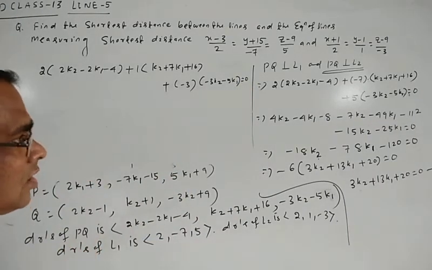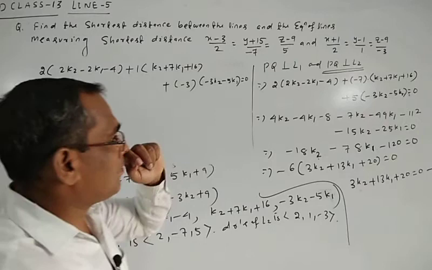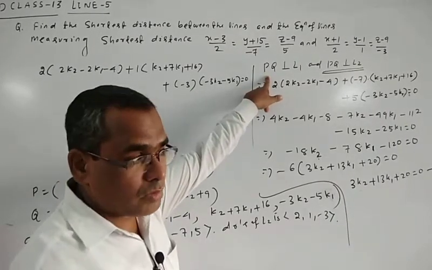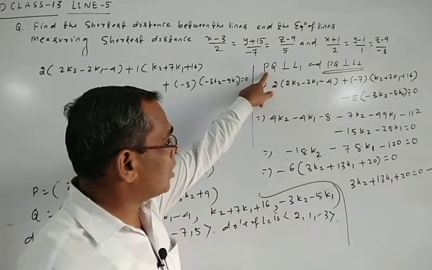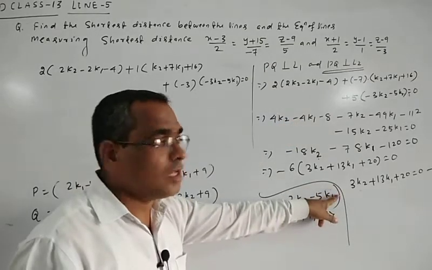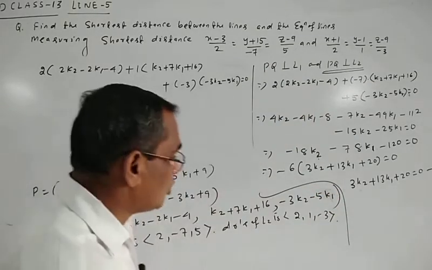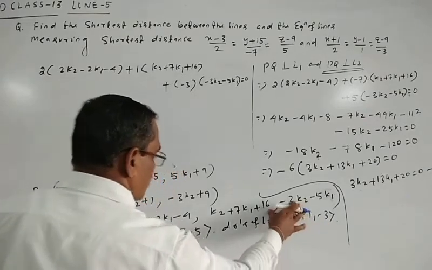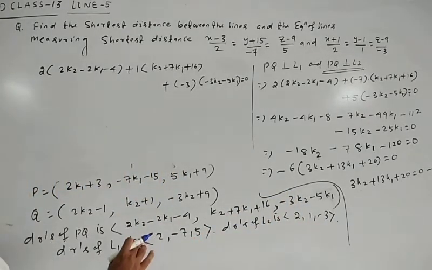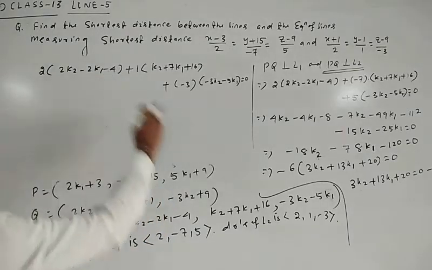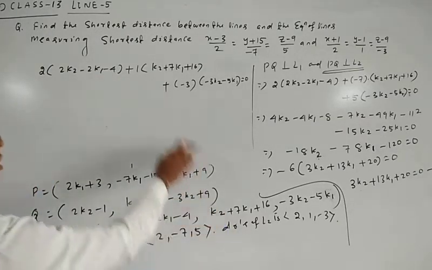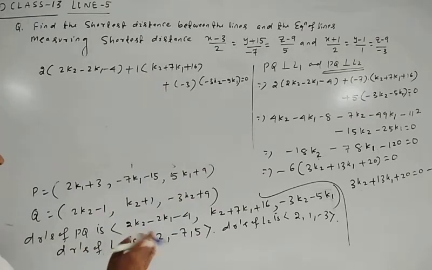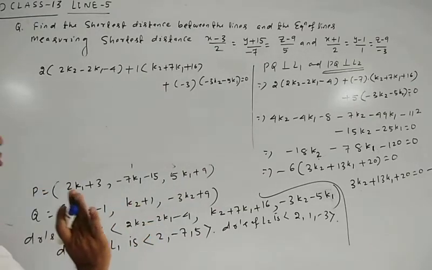Do you understand? Here we applied perpendicular condition: PQ perpendicular to L1, PQ perpendicular to L2. The direction ratio of L2 is 2, 1, minus 3, and the direction ratio of PQ is this one. So by perpendicular condition, 2 into this one plus 1 into K2 plus 7K1 plus 16 minus 3 into minus 3K2 minus 5K1 is equal to 0.